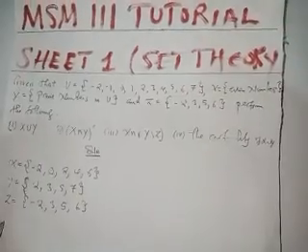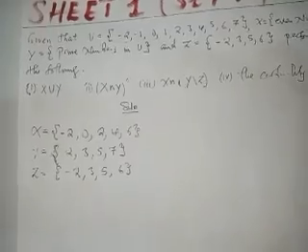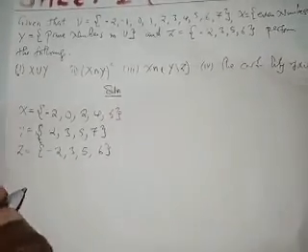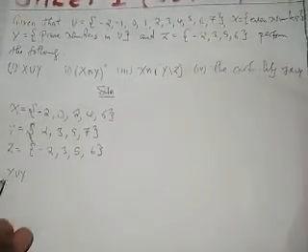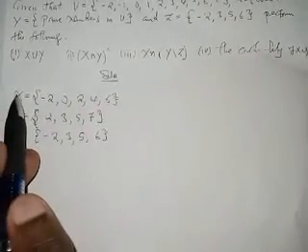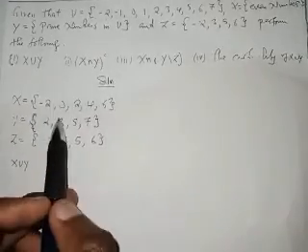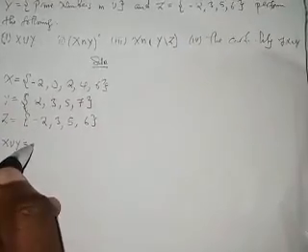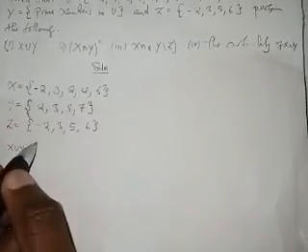Having listed that, we may begin answering the questions. We have X union Y. X union Y is just a combination of set X and set Y. So we have to combine these two. Note that just because certain elements are found in both X and Y, we don't have to repeat them.